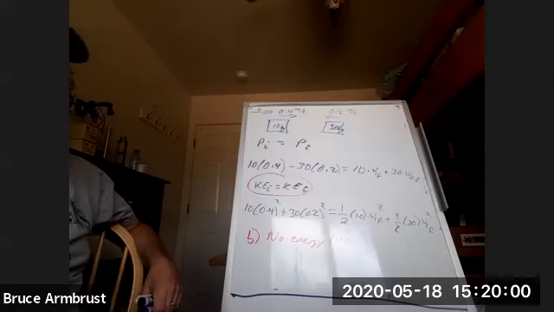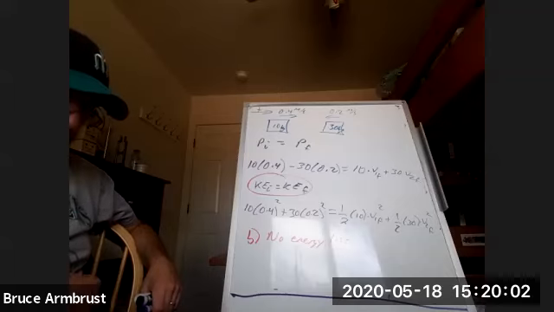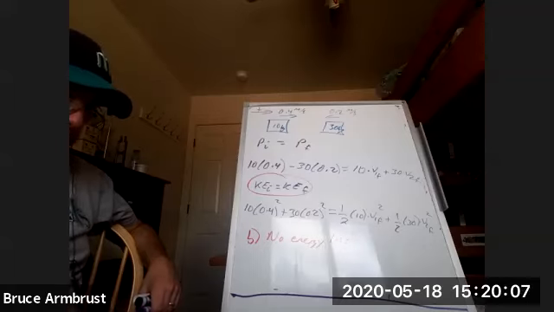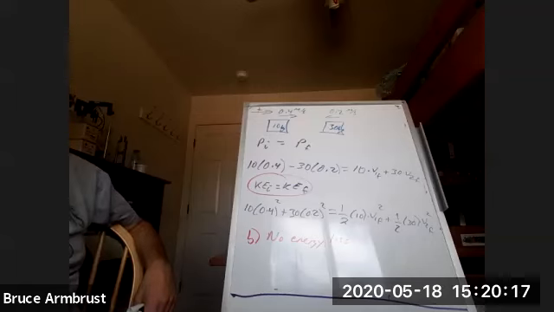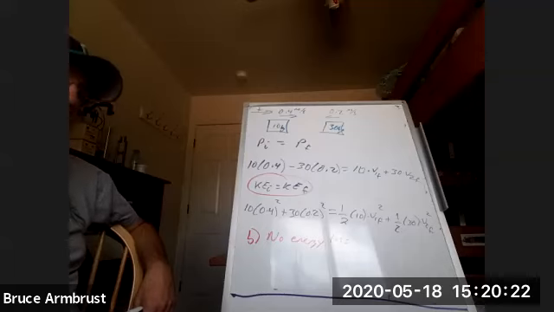8 and 9, another set of conceptual problems. Again, I'm not sure which order they're in, but the one was the glass dropping on concrete versus wood. And really what I was going for was impulse.